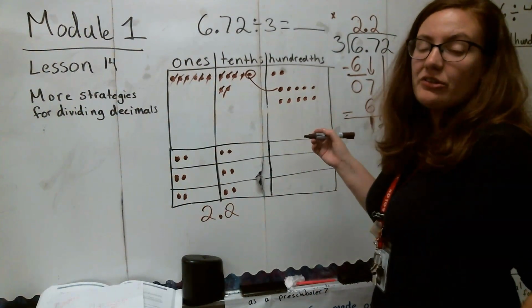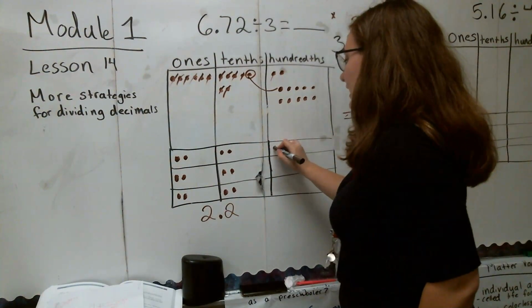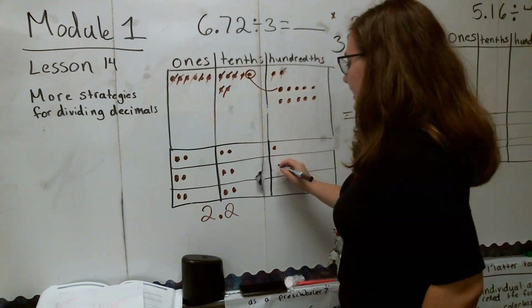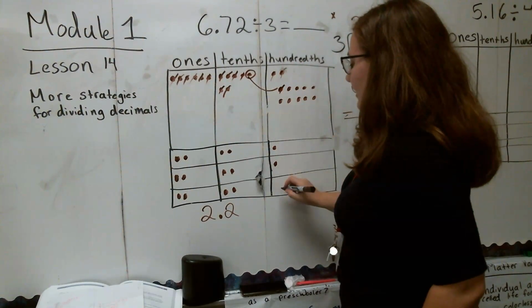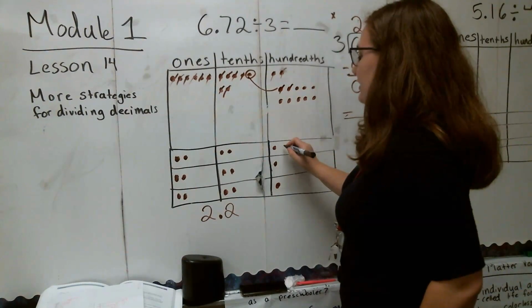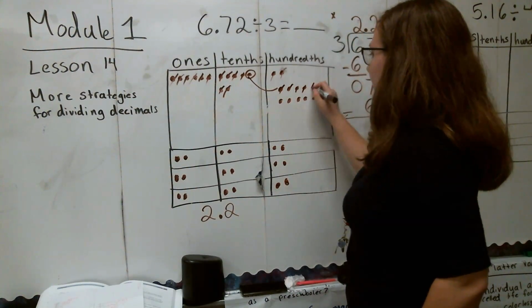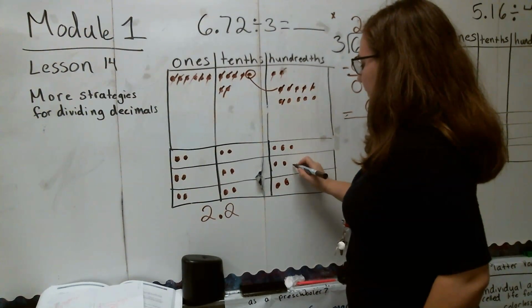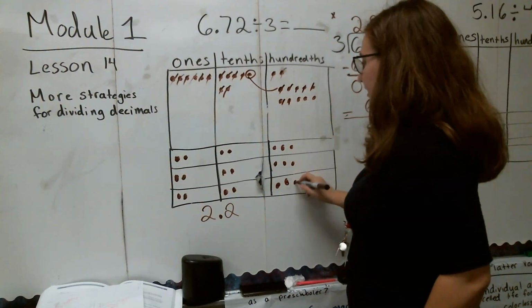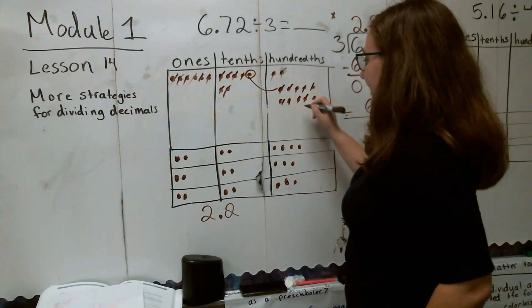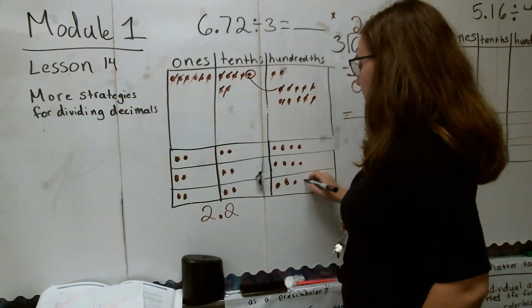Now I'm going to continue solving by crossing off a dot, put it in a box, cross off a dot, put it in a box, and keep going until I have no dots left or I can't make any more even groups.